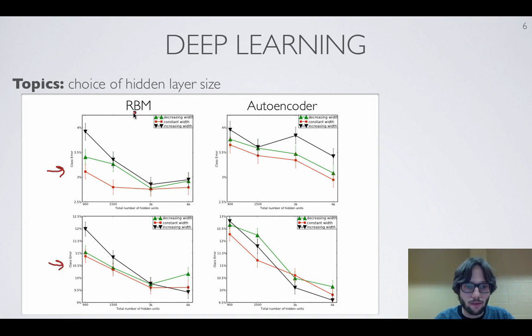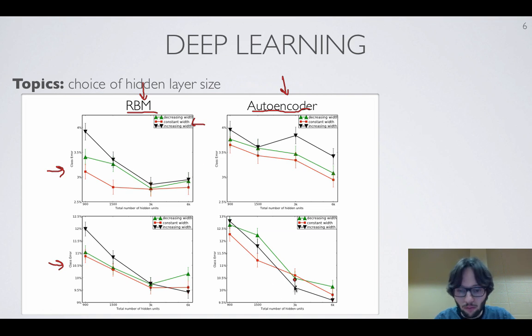And here we have performance for each column either with RBM pre-training or autoencoder pre-training. And the general trend seems to be that using the same number of hidden units, so constant width, tends to do at least as well or better than other options.